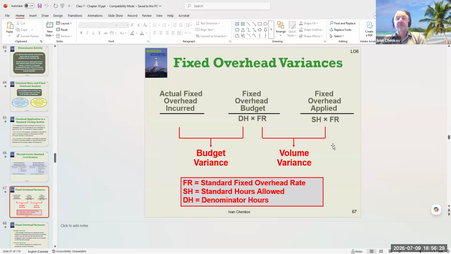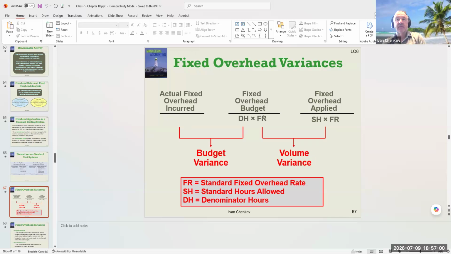So the first variance will be called the budget variance. The budget variance is going to tell us simply whether the amount that we budgeted for fixed overhead actually happened, or whether we spent more or spent less. And the volume variance will be the interesting part. Now, on the actual fixed cost, there will be no formula here because that's a fixed cost. Once we see the cost, that's what it is.